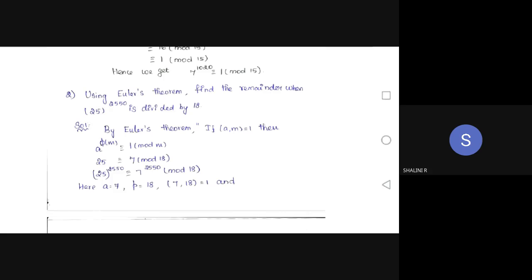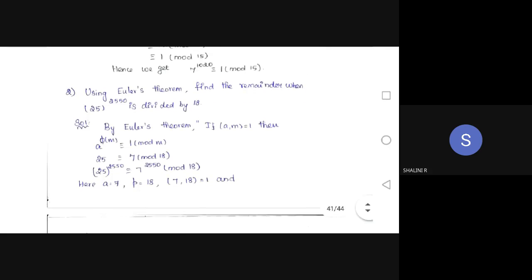If you find the remainder for that, it will be the remainder when 25 to the power 2550 is divided by 18. So it is enough to find the remainder when 7 power 2550 is divided by 18.